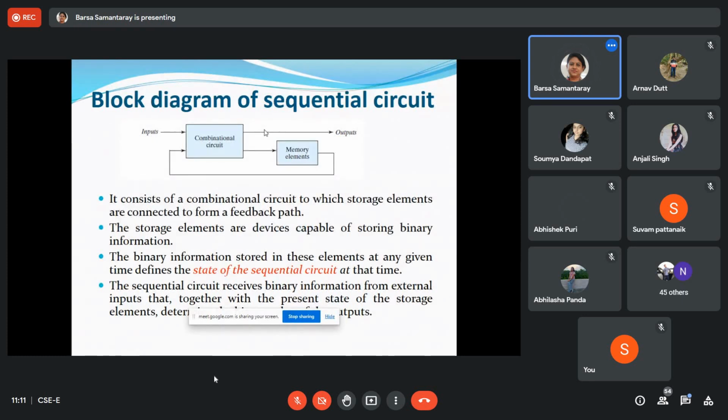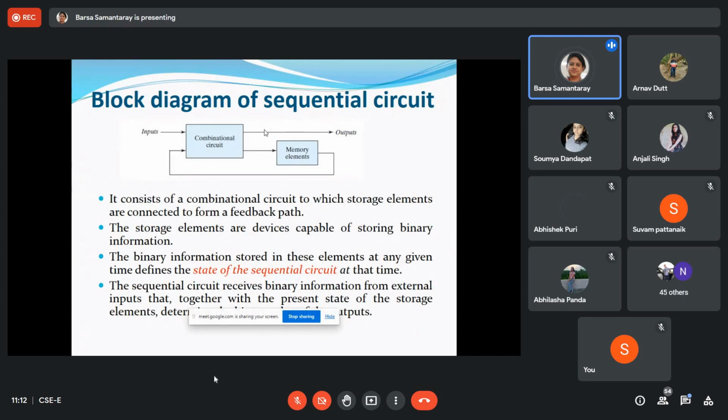Nobody? Arnav? Memory element. Only the memory element and the inputs which are given. So what is most important for the next output? The input which is coming.